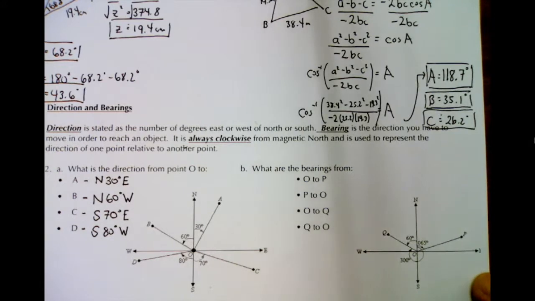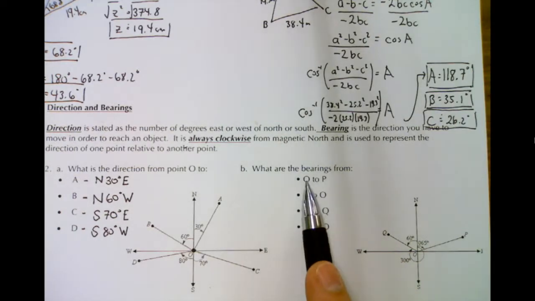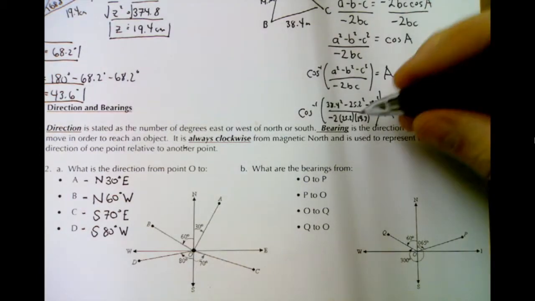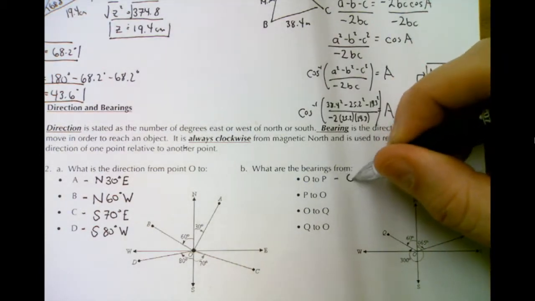Bearing's a little different. Bearing, you always use your measurement from north. So in the case of O to P, we're looking from the origin to point P. Well, from the origin, if we go straight north, we would have to rotate 65 degrees to get to P. So the bearing of O to P is just 65 degrees.